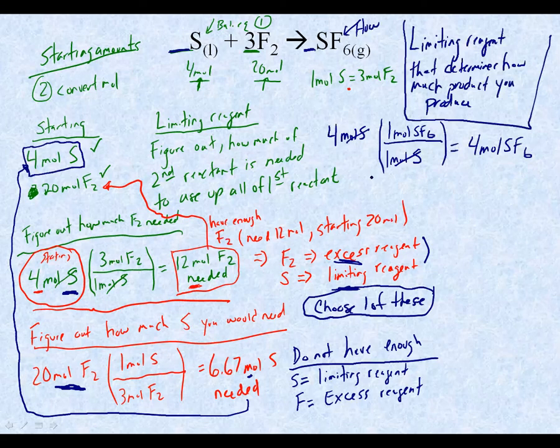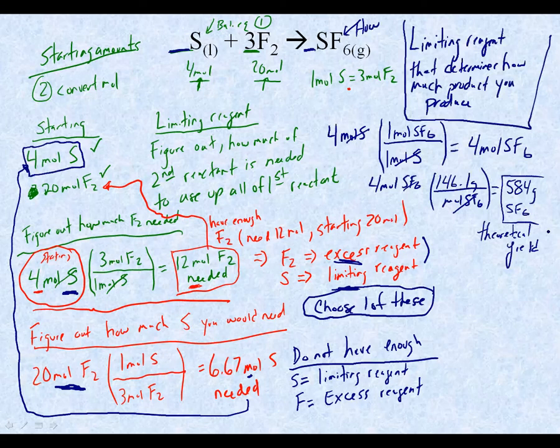So we would take our 4 moles of SF6 and, using the molar mass from the periodic table like we've done before, 146.1 grams per mole, moles will cancel, and we would produce, with about the right number of significant figures, 584 grams of SF6. And again, this would be what is known as our theoretical yield.